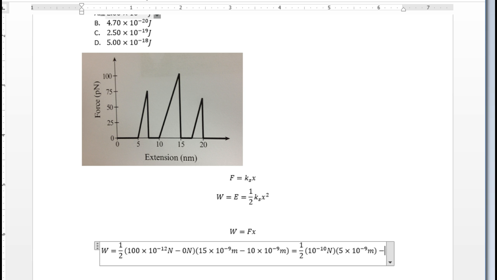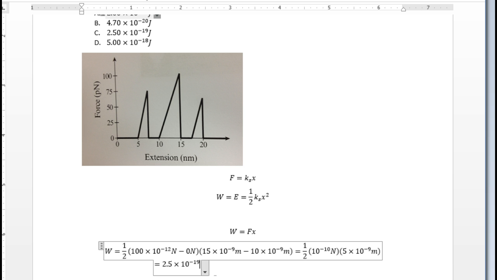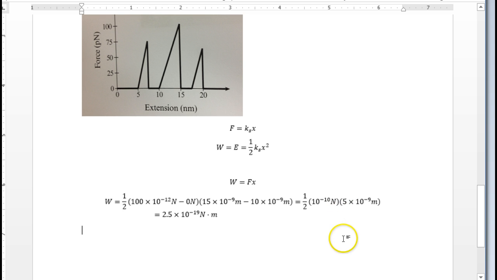So this is 2.5 times 10 to the minus 19th Newton meters.